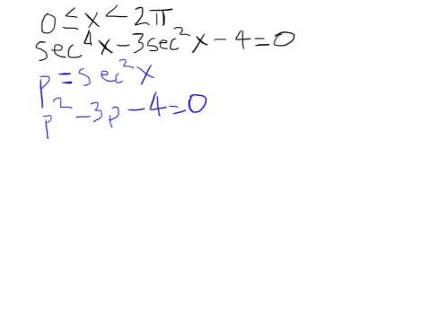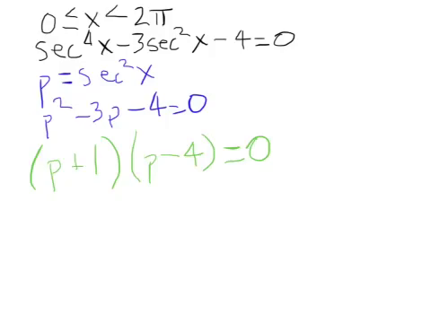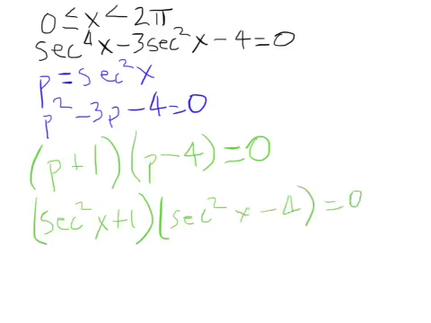So this equation can be factored into p plus 1 times p minus 4 is equal to 0. And now you can rewrite this equation using p equals secant squared x into secant squared x plus 1 times secant squared x minus 4 is equal to 0.